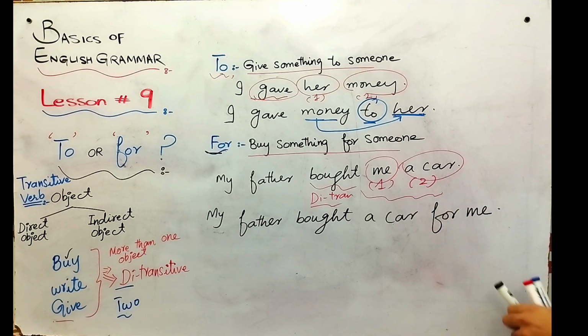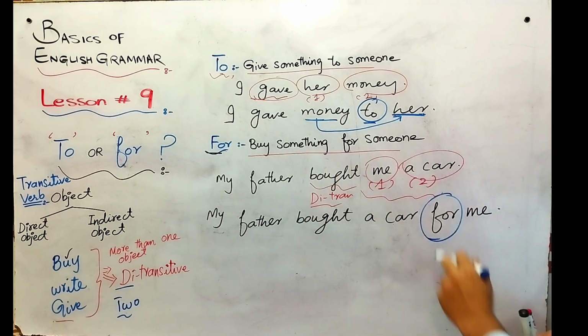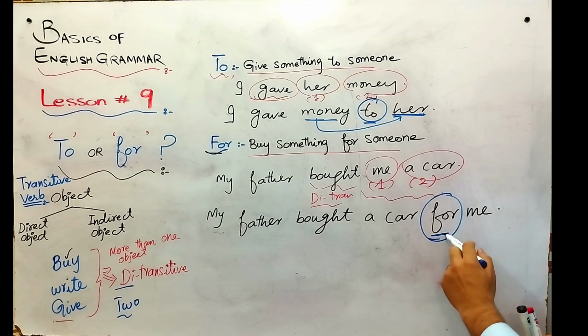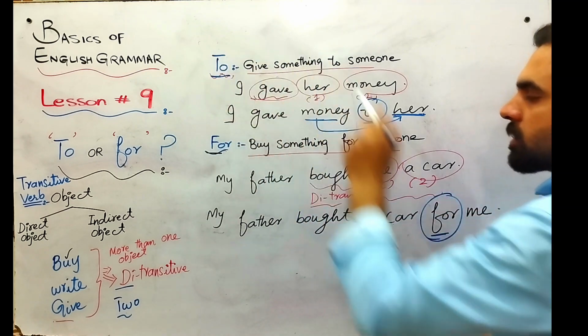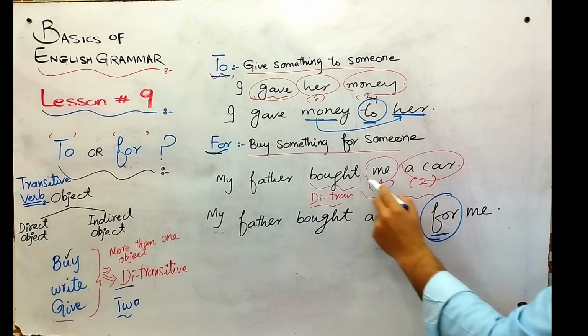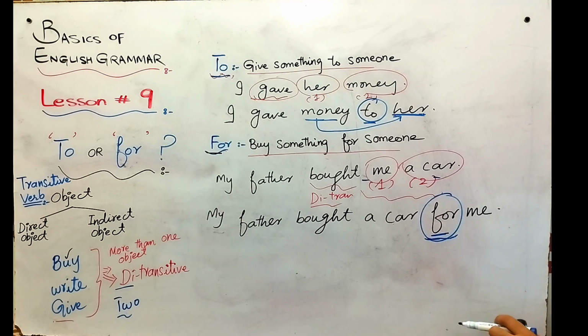Why is for used? Because when we buy something for someone, we always use for, and when we give something to someone, we use the preposition to. So this sentence can be written by using this preposition.